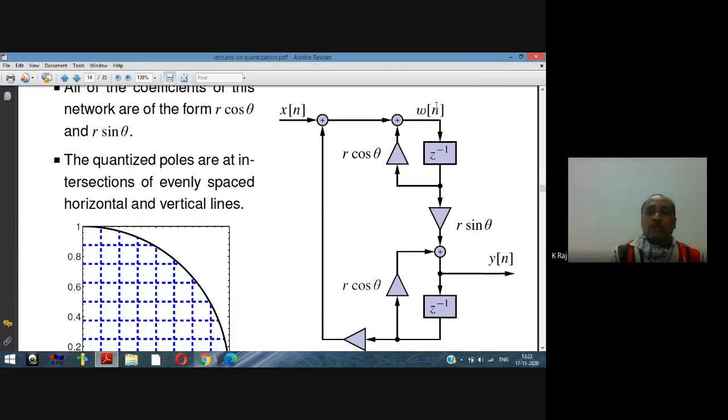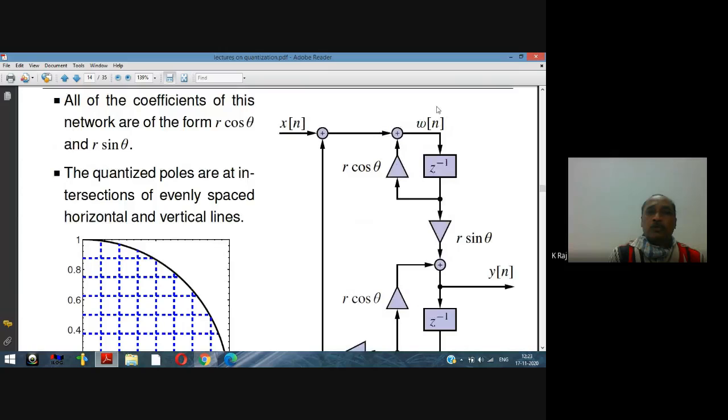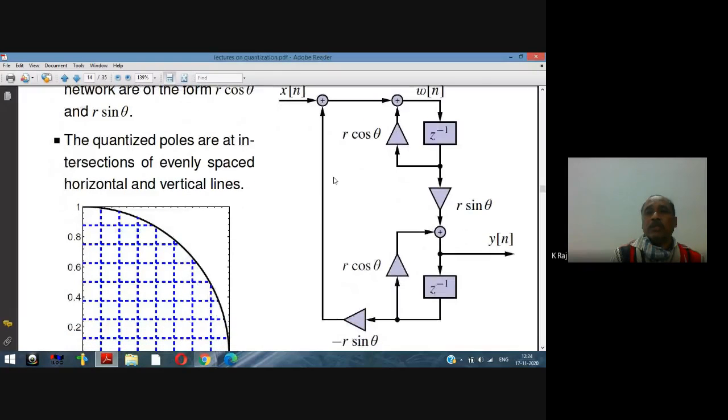Now see here, if we are also interested in avoiding this type of quantization effect, then all of the coefficients of the network will be in the form of pairs. And what are those pairs? That is the r cos theta and the r sin theta. This will be a modified structure that avoids the effect of the quantization here.